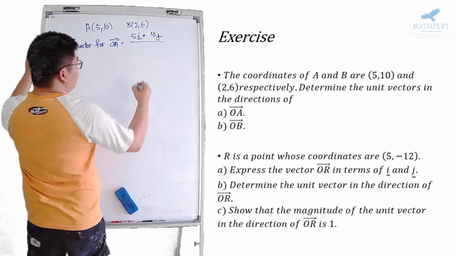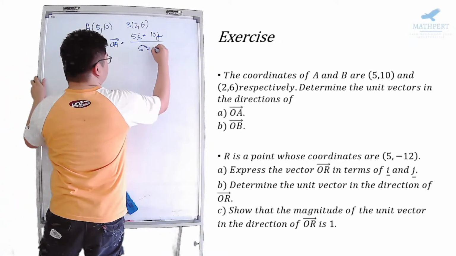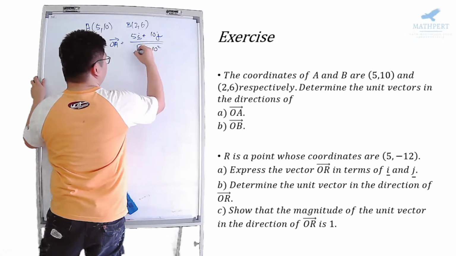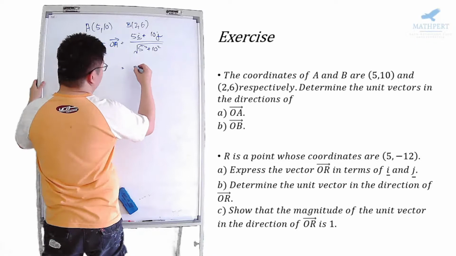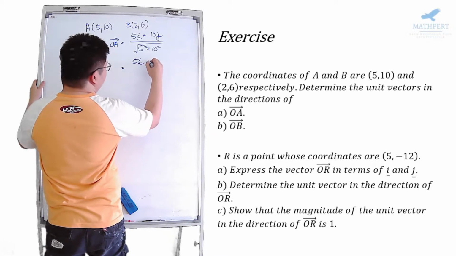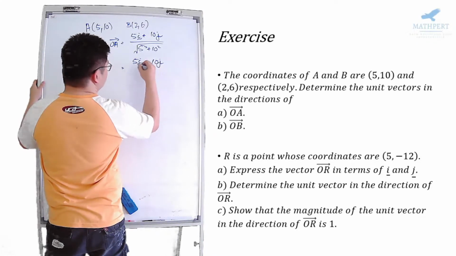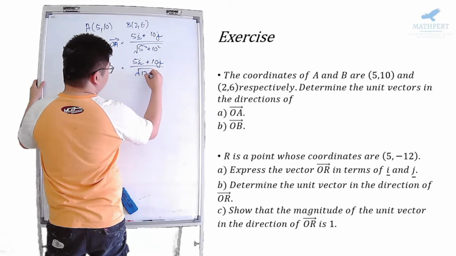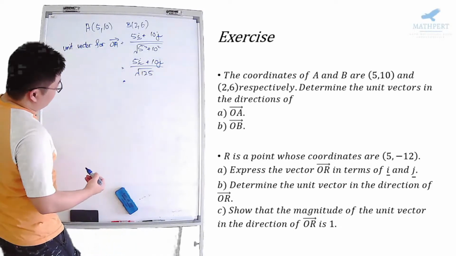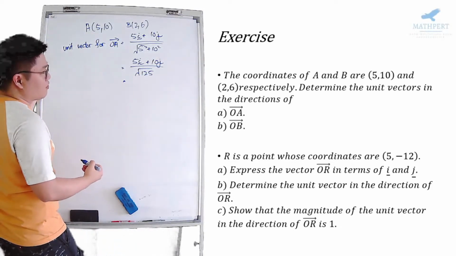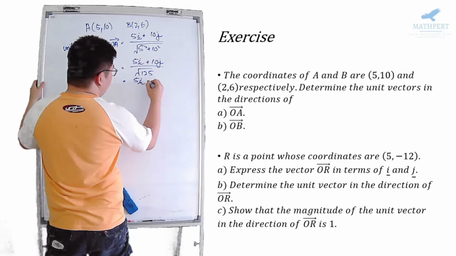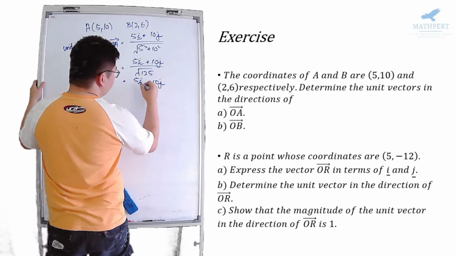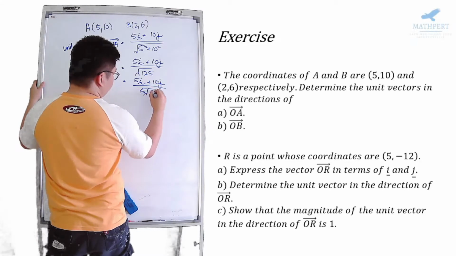The magnitude will be the square root of 5 squared plus 10 squared, which is 125. So 5i plus 10j over square root of 125, which is equal to 5i plus 10j over 5 square root 5.